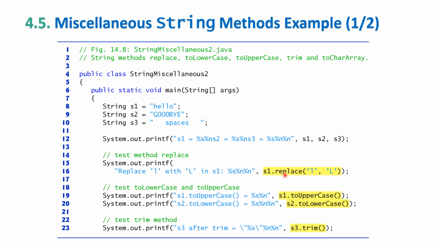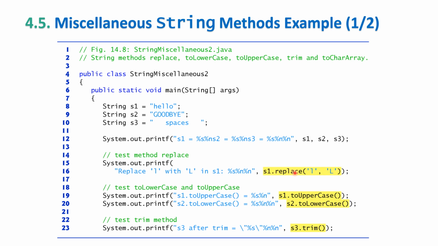And then it calls the method replace on the string s1, passing two arguments. The first one is the lowercase l character, and the second argument is the capital L character.